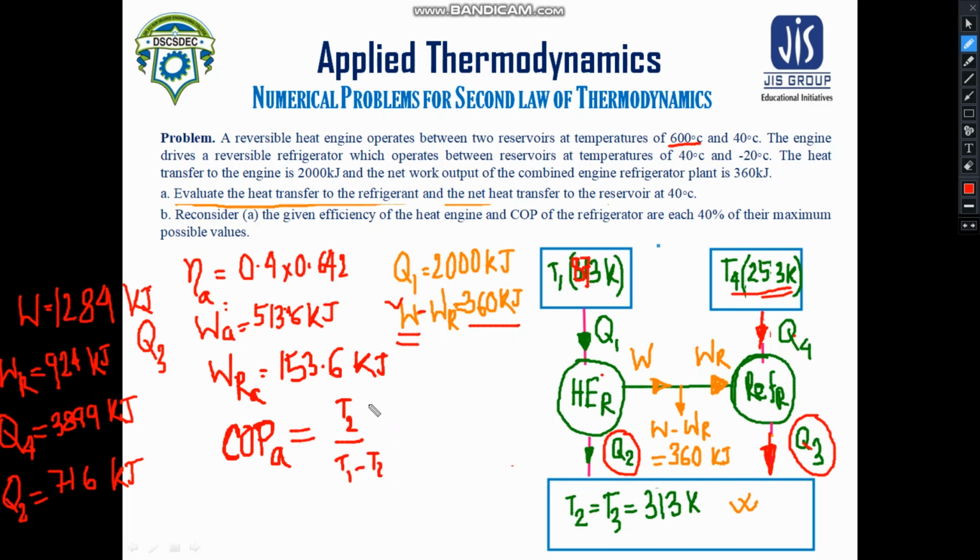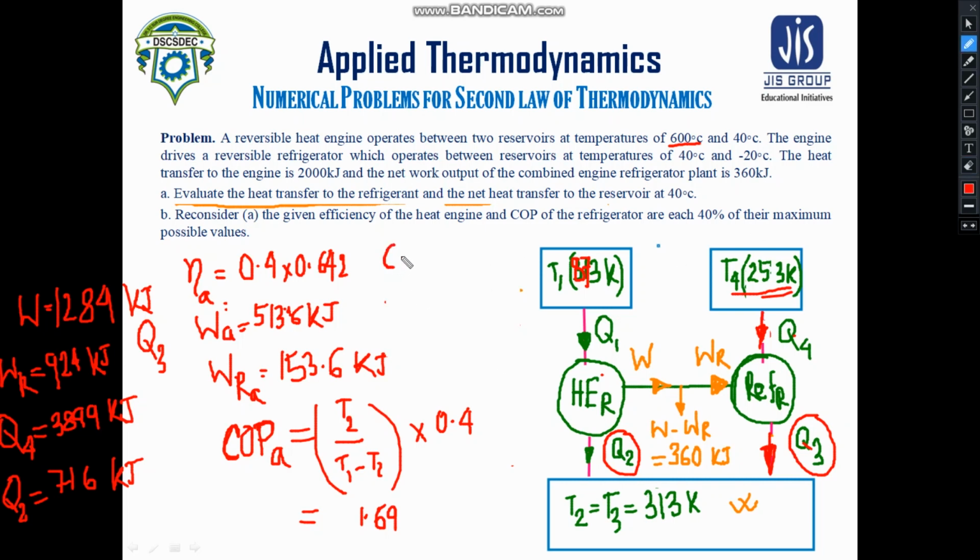So this is your COP for the reversible case, but now here this 0.4 factor needs to be incorporated. It gives you that COP will change into 1.69. So the actual COP becomes 1.69. So let us write that. COP actual.